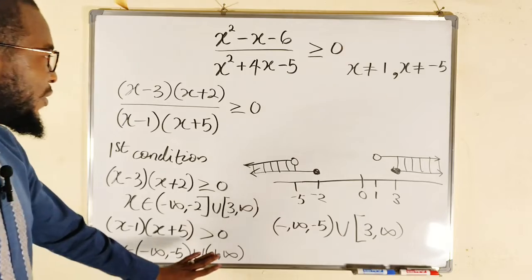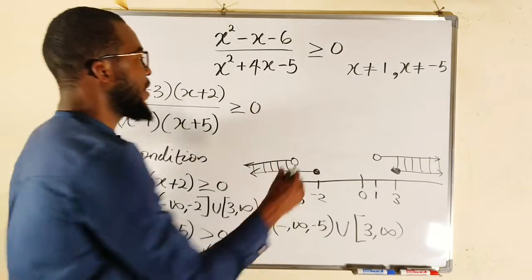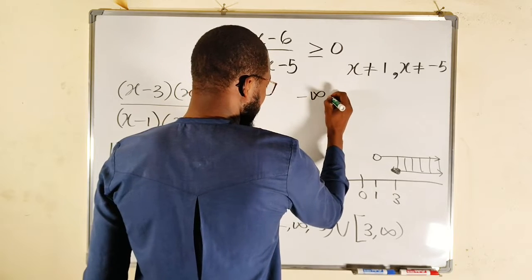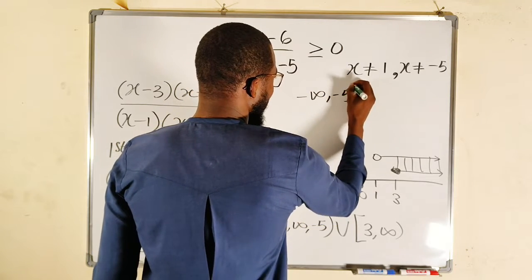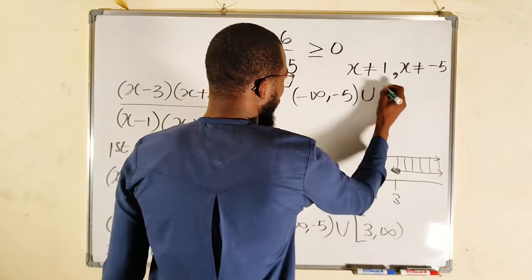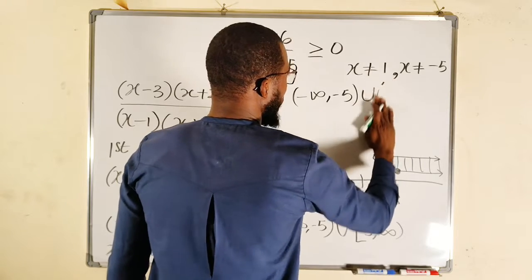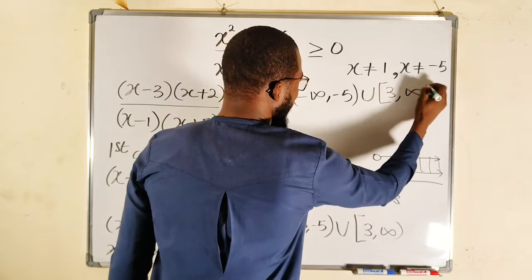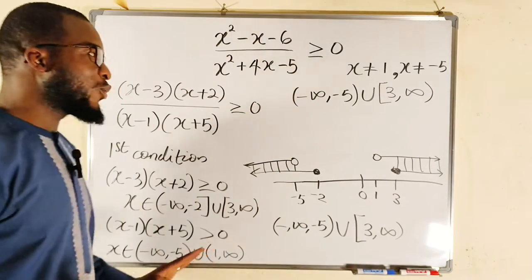So we are done with the first solution. Let me write it somewhere here. We have -infinity down to -5, union from 3 down to +infinity. So we are done with the first condition.